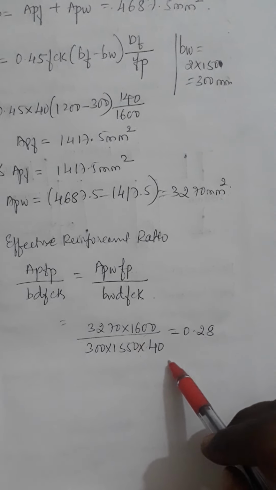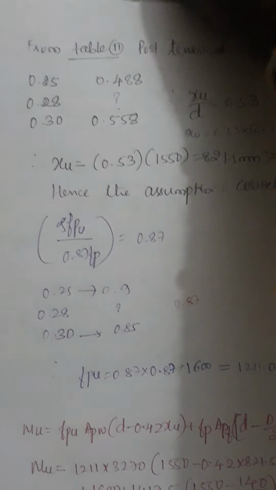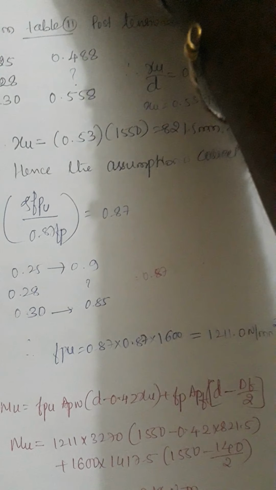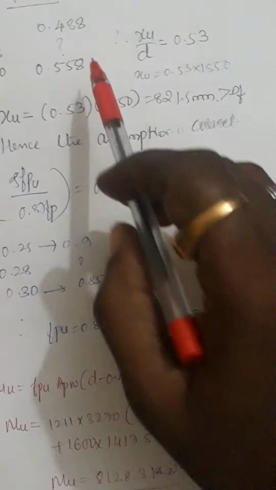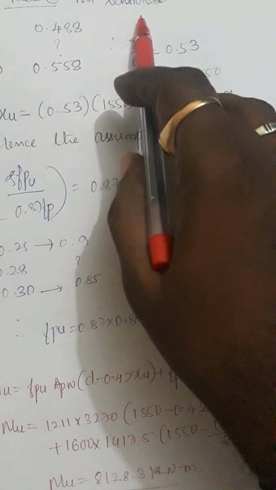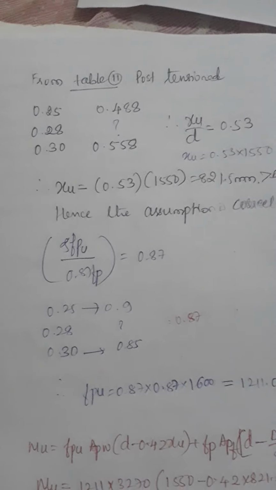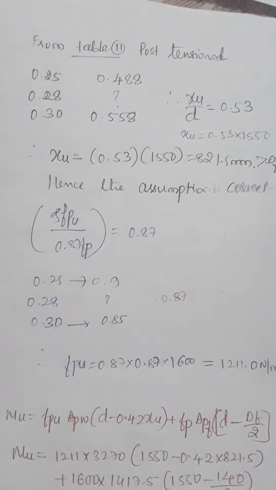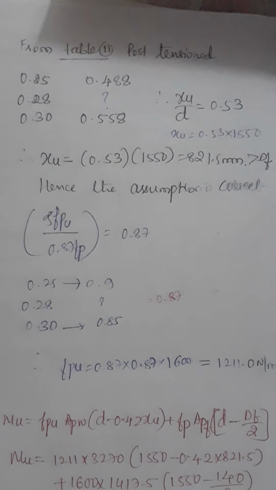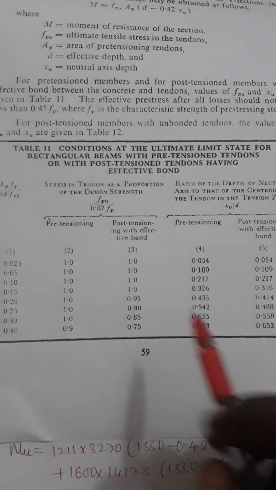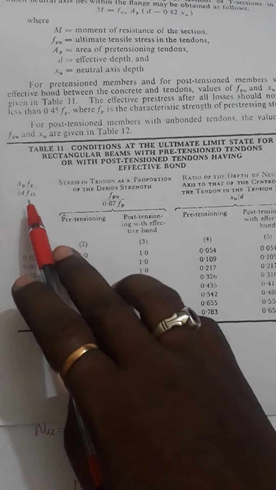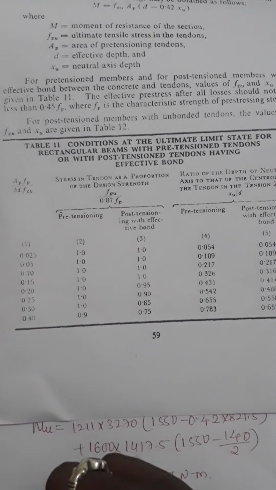So next, from table number 11, for post tension, you have to check it. So it is post tension. So I will take this table number 11. So here effective bond APFP BD upon FCK.